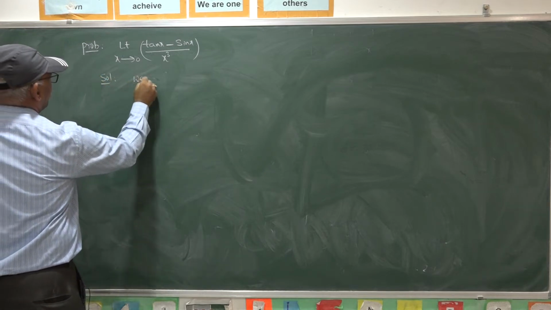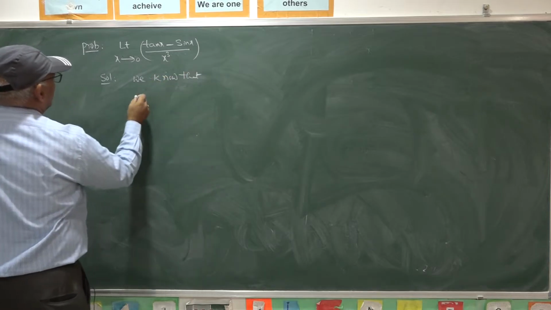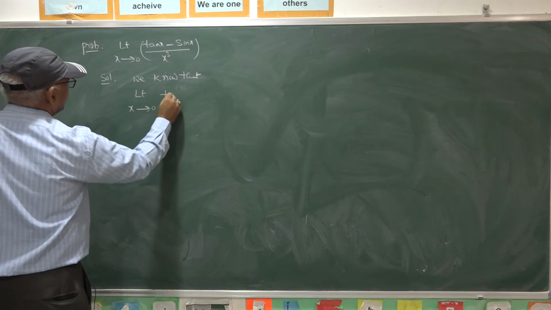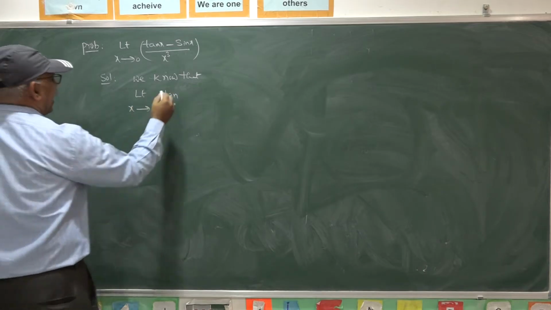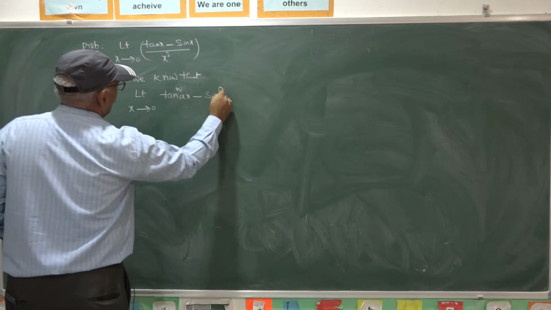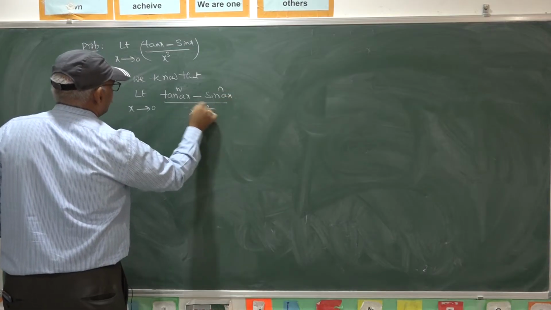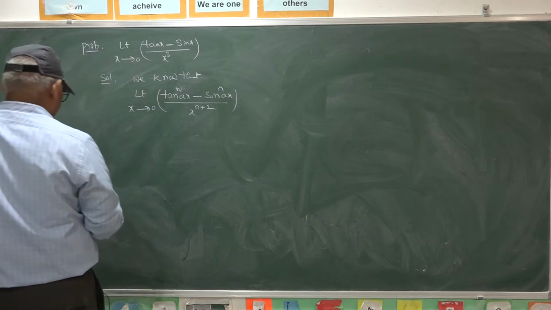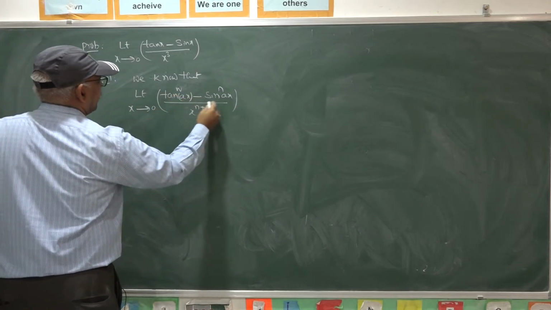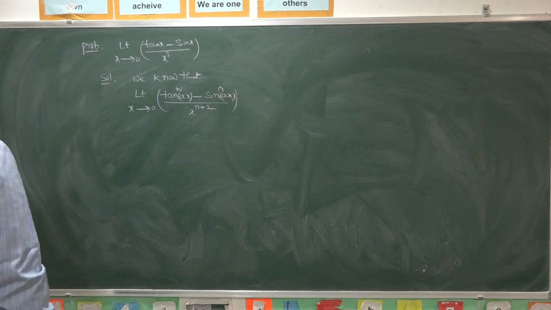We know that limit as x goes to 0, keep this formula in your mind. Tan power n of ax minus sin power n of ax by x power n plus 2.